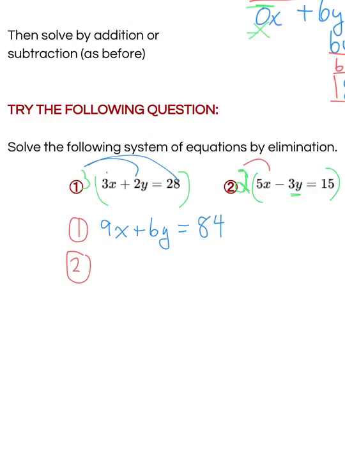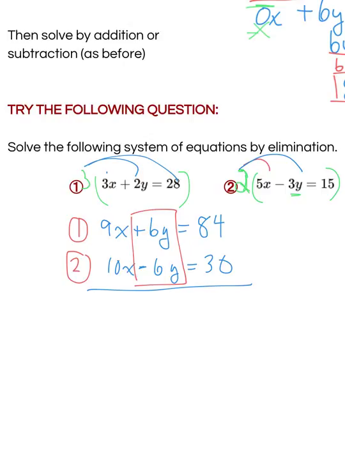So 2 times 5x gives me 10x, and then 2 times negative 3y gives me negative 6y, and then 2 times 15 gives me 30. Looking at this, I can see that in order to eliminate my y variable, I need to add these two together because, of course, 6y plus negative 6y will give me 0y.